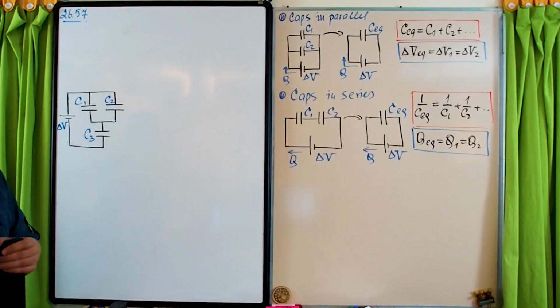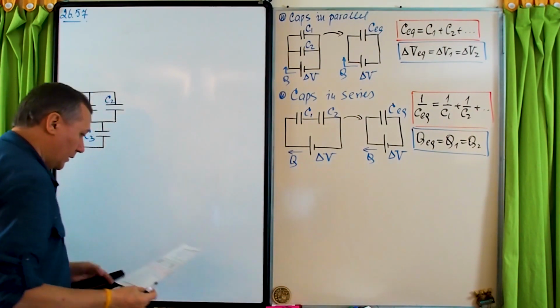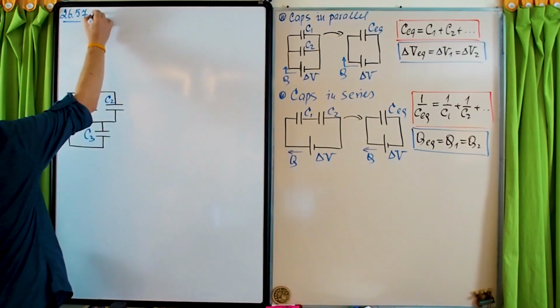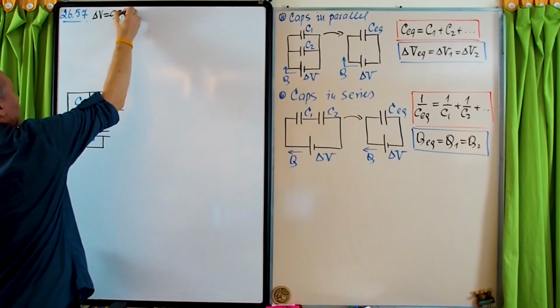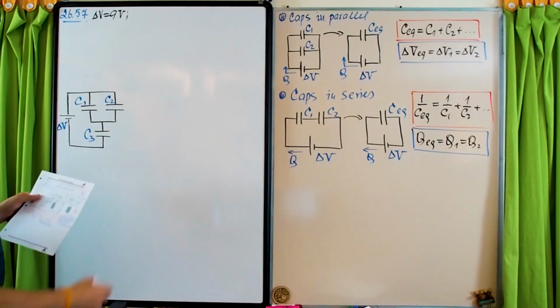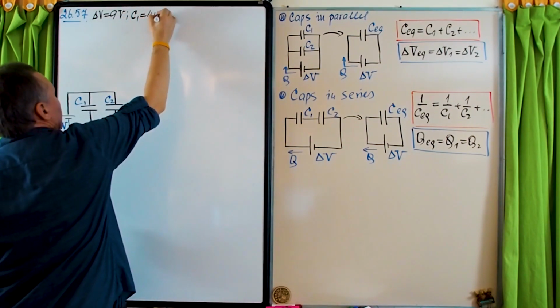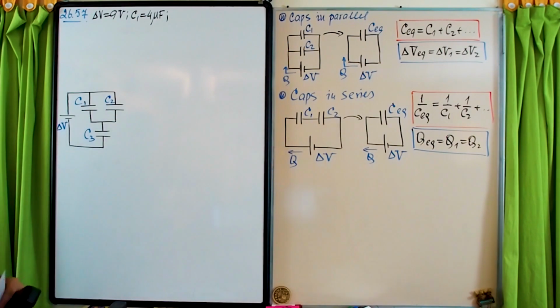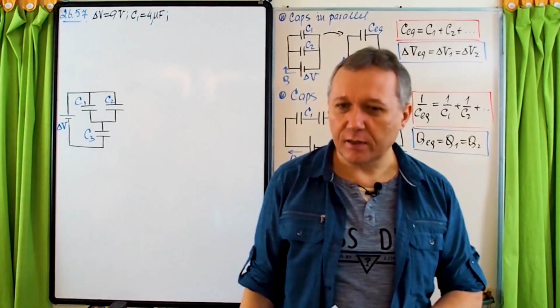So now let me write numbers, because numbers are given. So delta V is 9 volts. That's the potential difference provided by the battery. Then C1, 4 microfarad. You see numbers are very small for micro, because 1 farad is a gigantic capacitance.